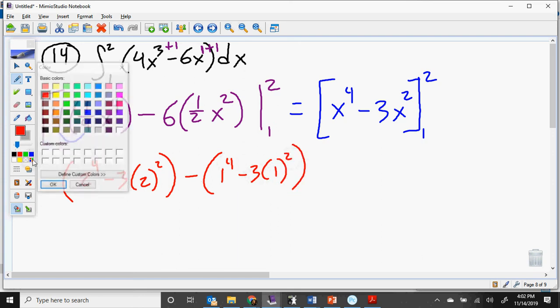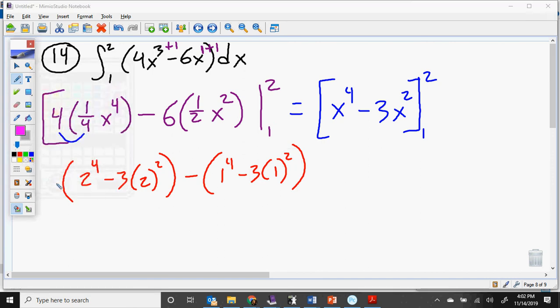Alright, we'll add 2 to the fourth. Well, 2 to the first power is 2. Squared is 4. Cubed is 8. 16.